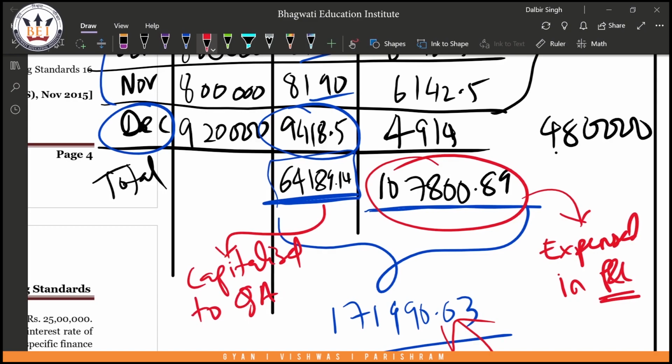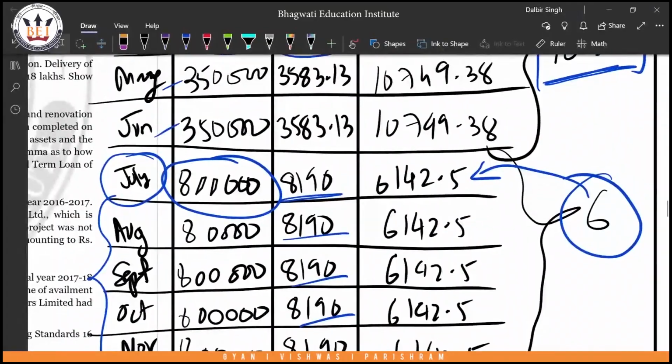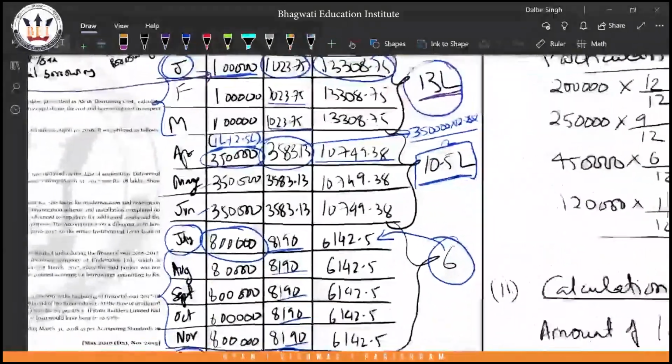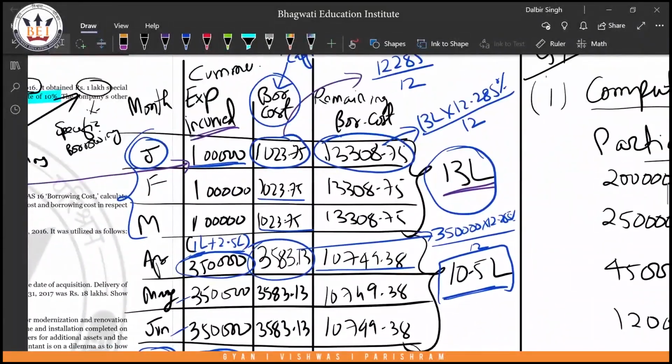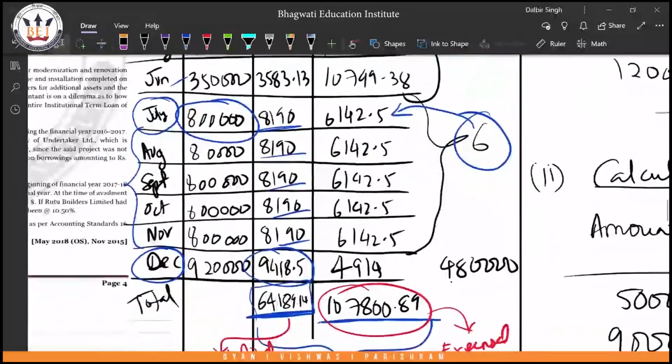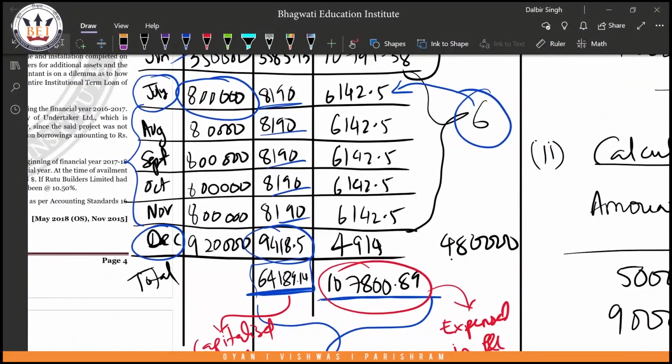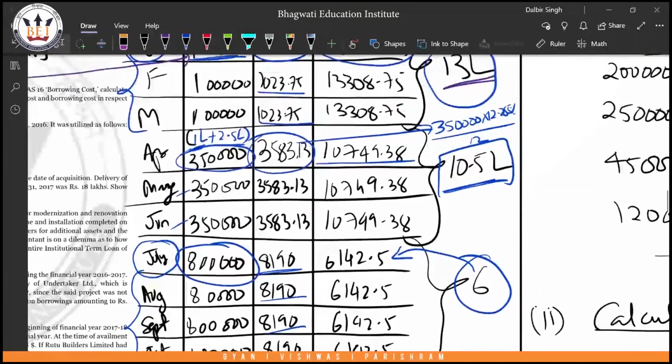Now if I zoom out a little bit, the 1 lakh which I started off in January is incurred throughout the whole 12 months. Similarly for April, when I incurred 2,50,000, that is included throughout the remaining 9 months.